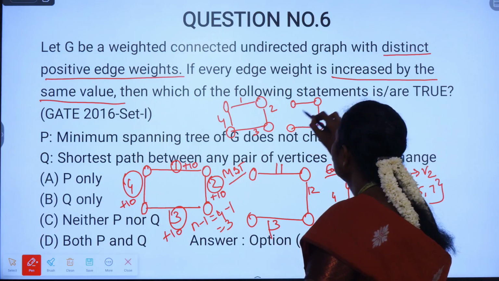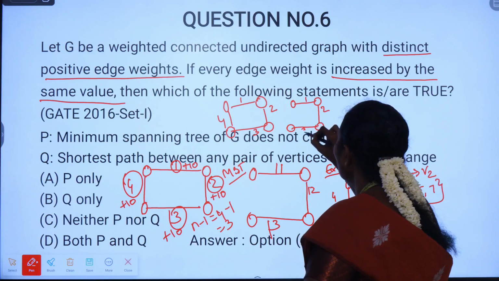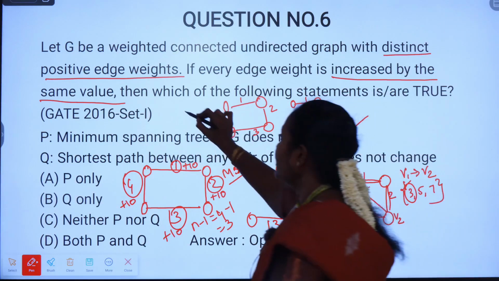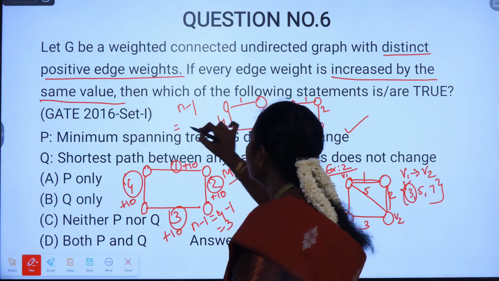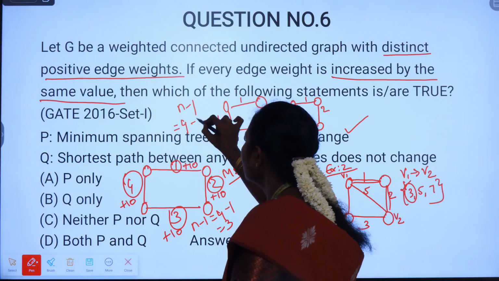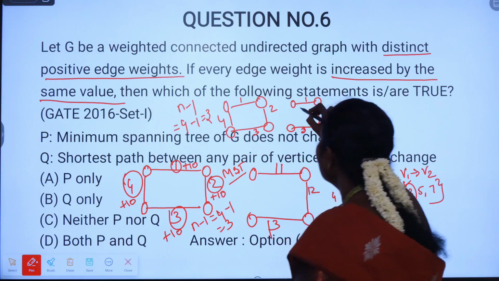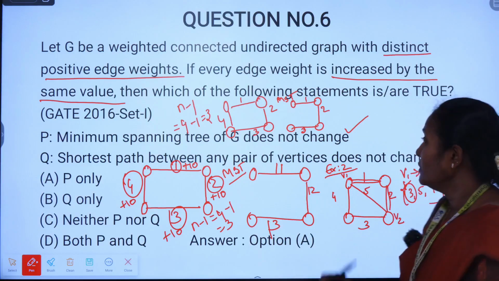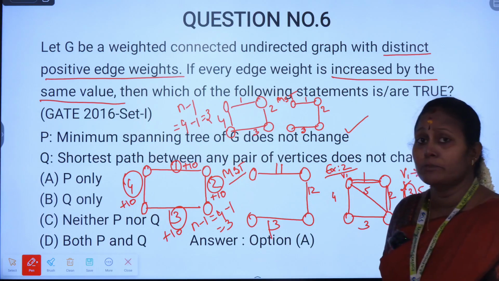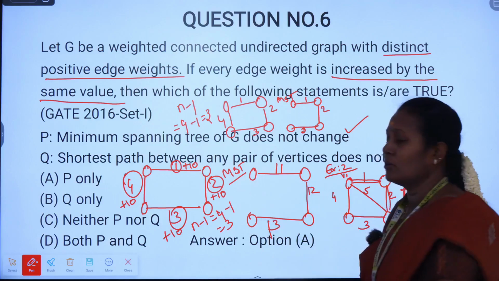This is the minimum spanning tree. What is the condition for a minimum spanning tree? n minus 1 edges. Here the number of vertices is 4, minus 1, that is 3. The minimum spanning tree has 3 edges. Therefore, this is the minimum spanning tree for this graph.